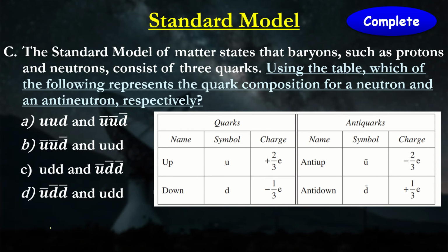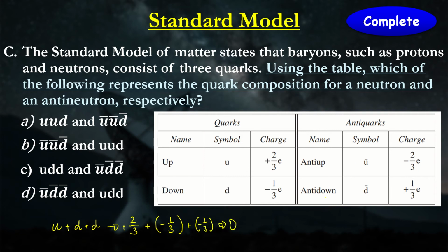So we know that a neutron is made up of 1 up quark and 2 down quarks. The reason we know that is because 1 up quark has a charge of positive 2/3. We know that 1 down quark has a charge of negative 1/3. So if we have 2 of those, that adds up to 0.